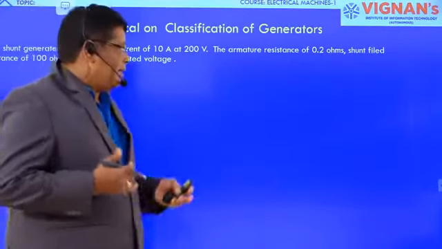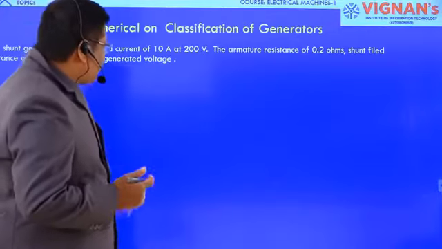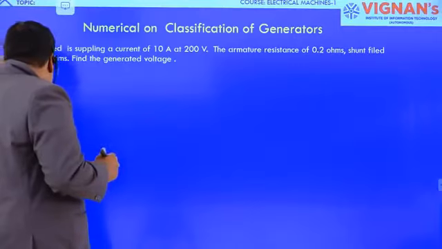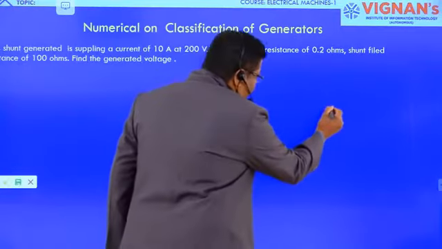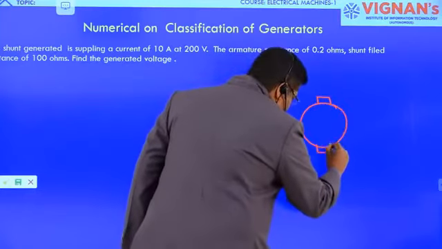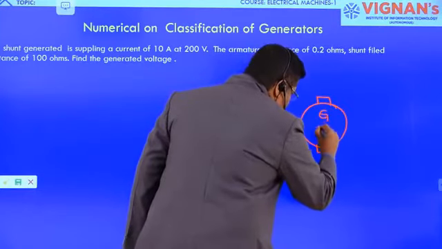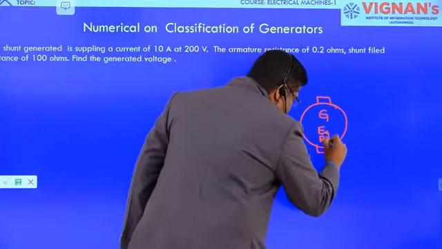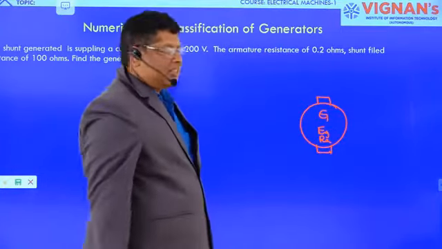See here, it is given the shunt generator. Already we know the circuit diagram for the shunt generator. This is the generator. Inside is the generated voltage. In the same manner, the armature has an armature resistance.